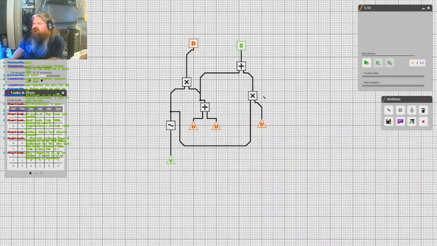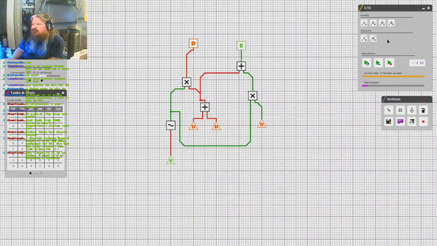Okay, the first line is the truth table. One zero zero, and we output 1 0.